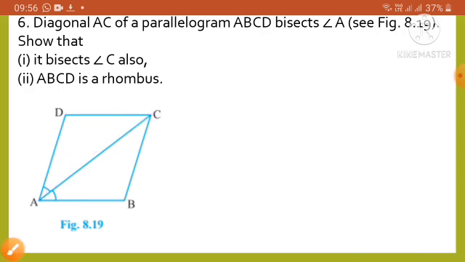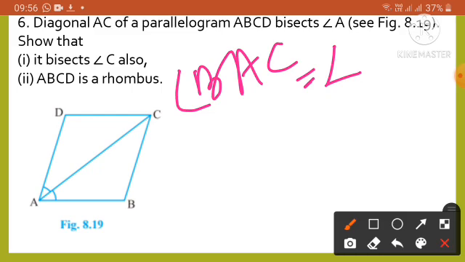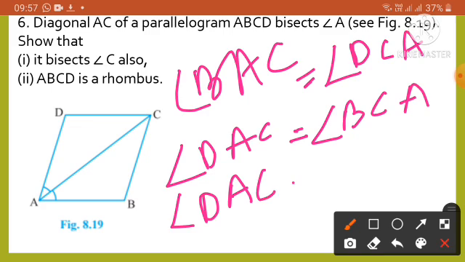Again, we know that angle BAC is equal to angle DCA, and angle DAC is equal to angle BCA, and we know that angle DAC is equal to angle BAC.